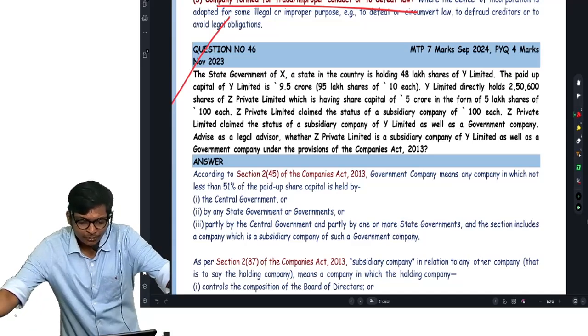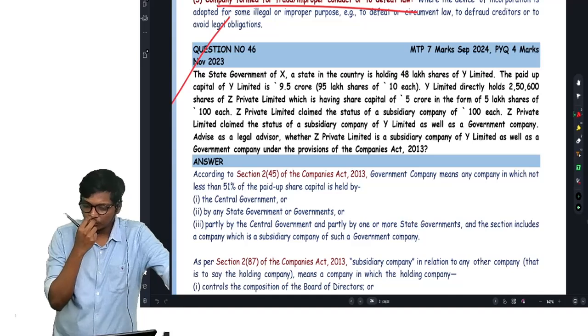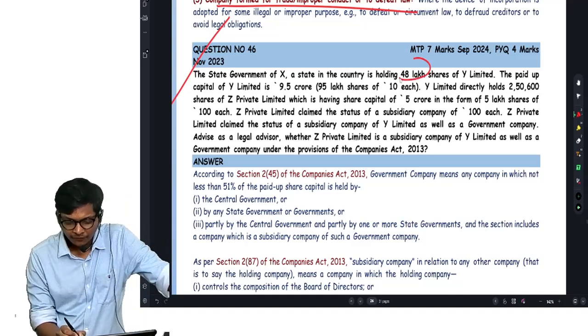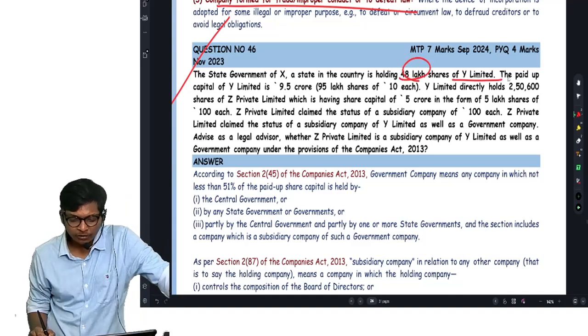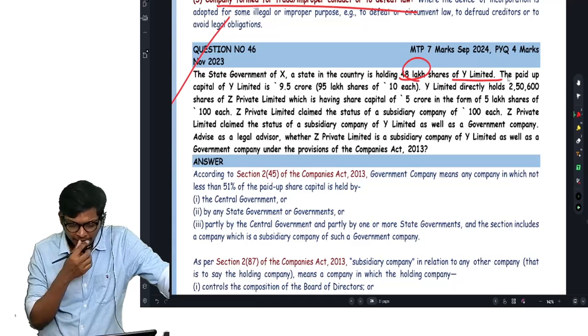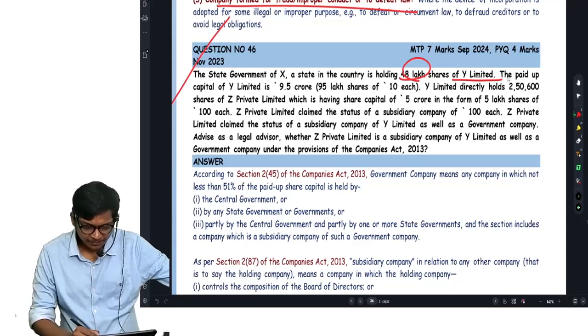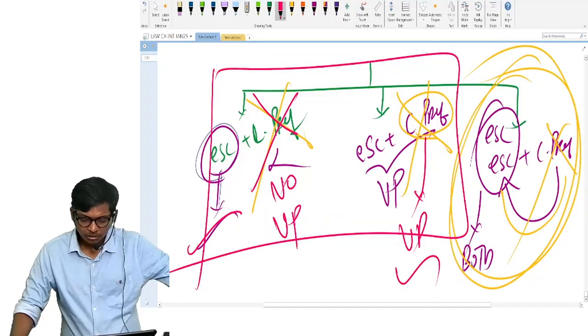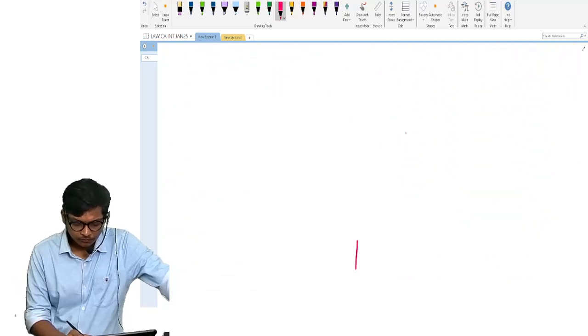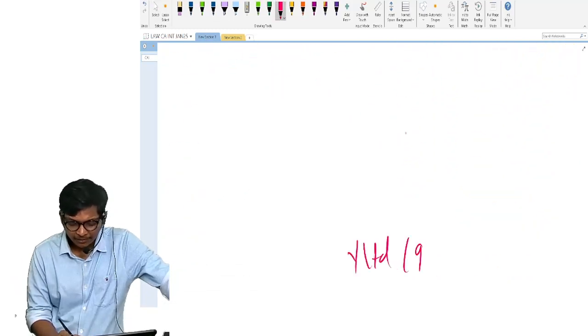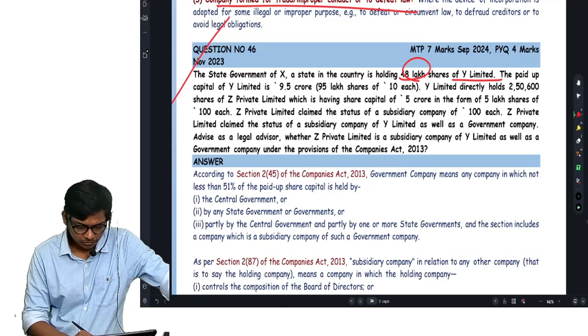The state government of X, a state in the country, is holding 48 lakh shares of Y. Paid up share capital is 95 lakhs. I just have to draw. Correct? Y Limited, paid up share capital is how much guys? 95 lakhs.